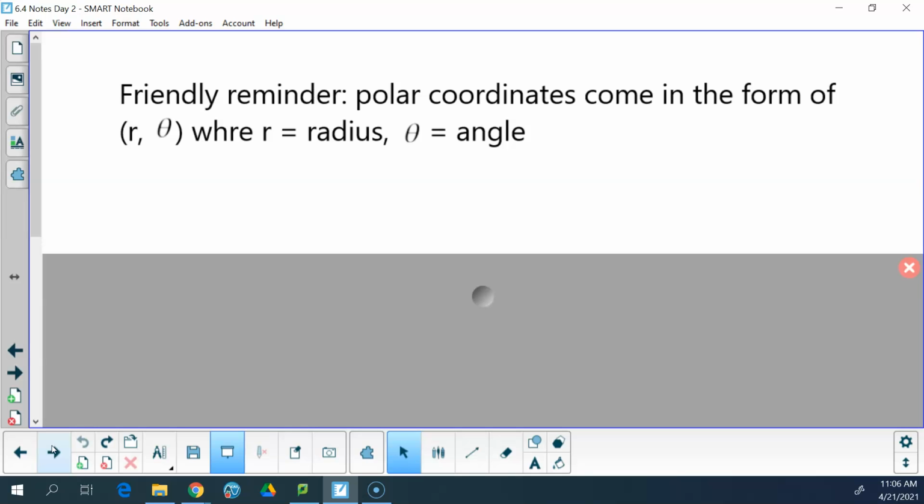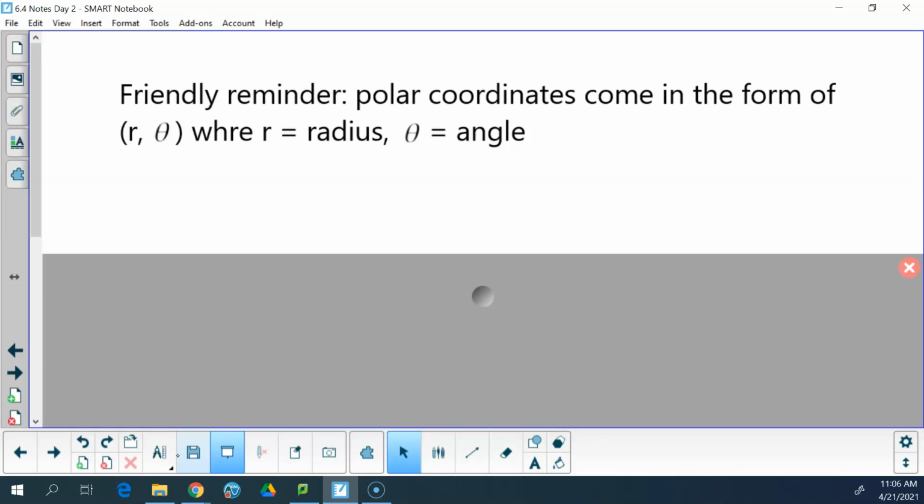First off, I want to remind you of what a polar coordinate is. A polar coordinate is of the form r comma theta, where r is the radius and theta is the angle. So again, we're thinking like Superman, not Batman.